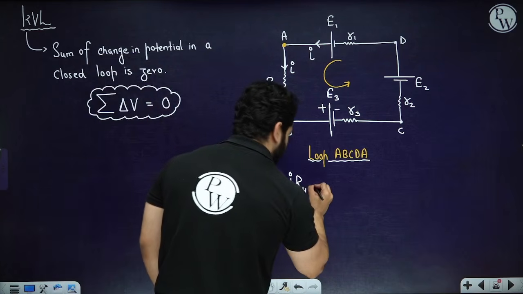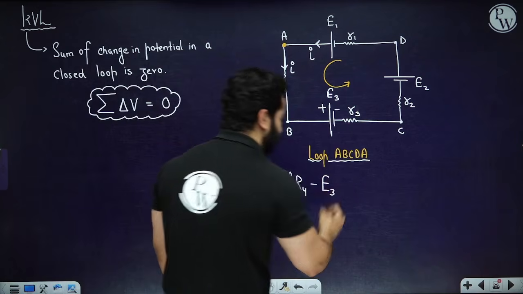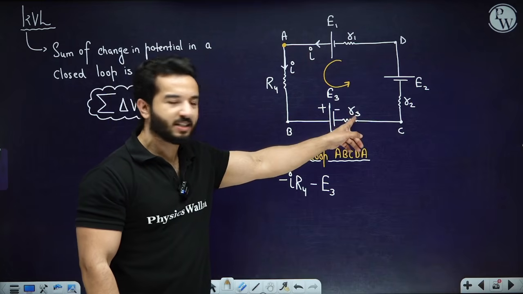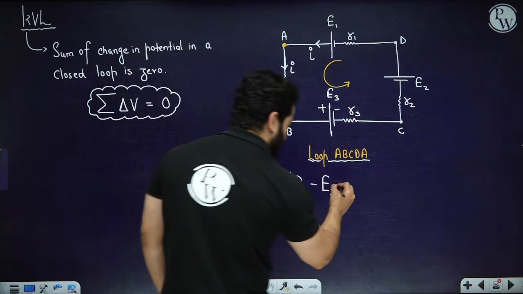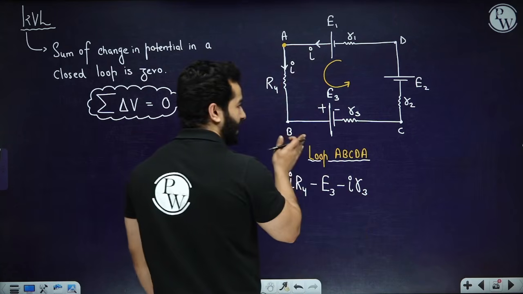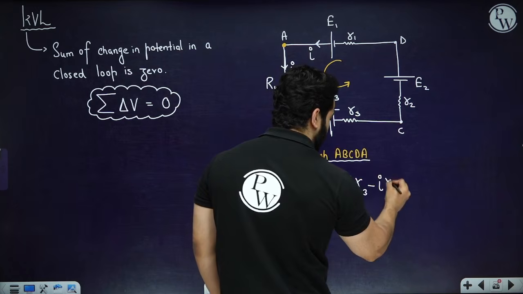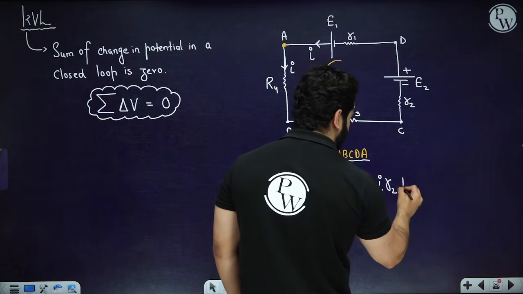So we are going to write again minus E3, sorry, E3. Then again we are moving in this direction and another resistance comes. Again there will be a potential drop. So minus I into R3. Then again we move, there is another resistance, I into R2. Then negative to positive is a potential gain, that means plus E2.